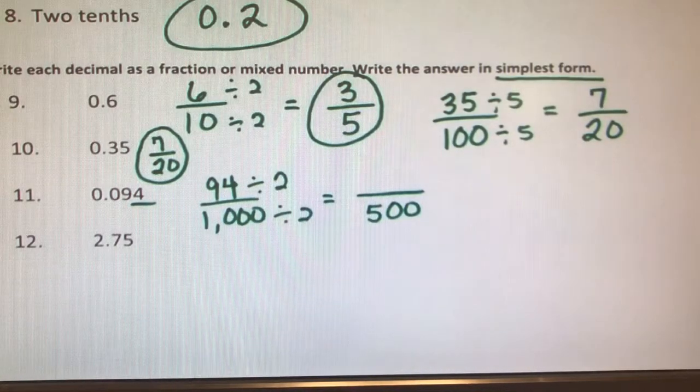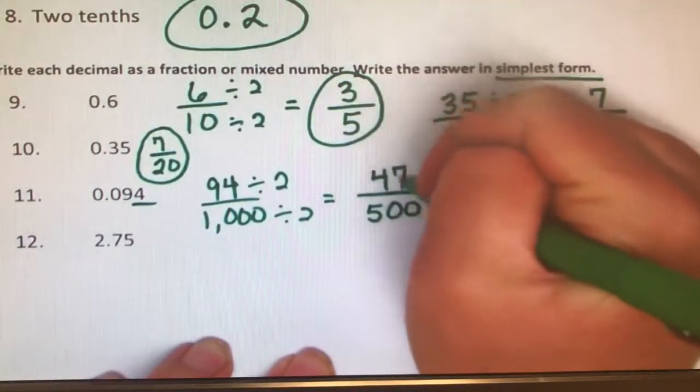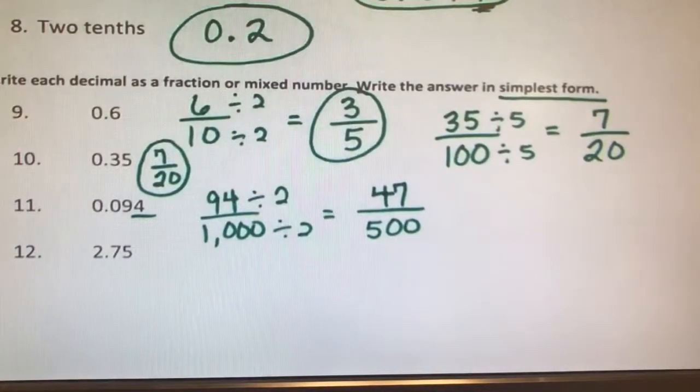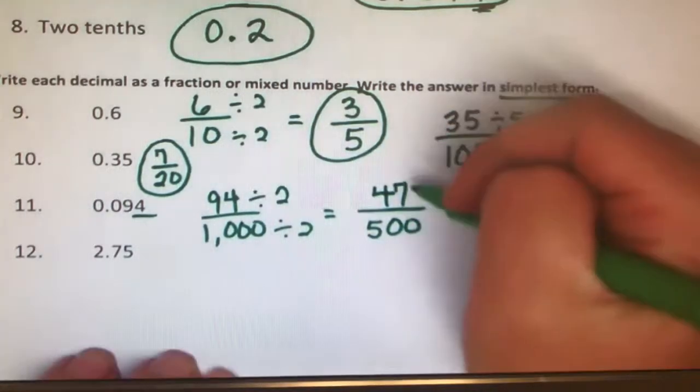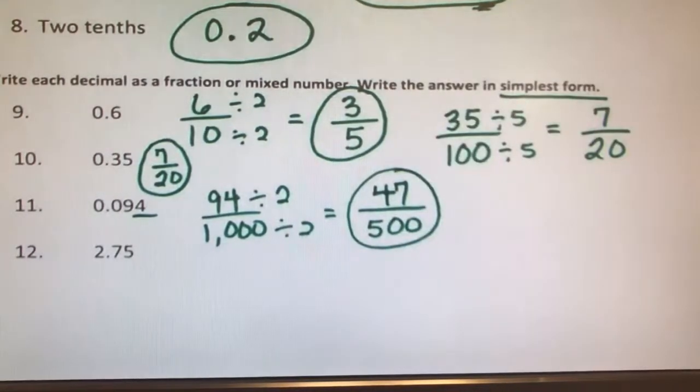I'm going to pull up my calculator really quick to make it fast. 47. 47 over 500. 47 is a prime number, which means it can only be divided by 1 or 47, so we know that's as far as we can go for that one.